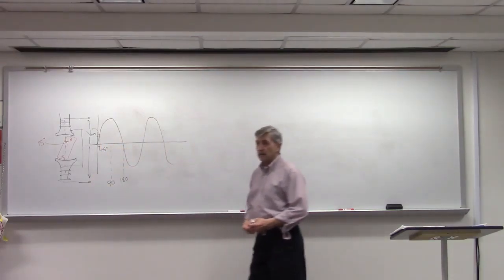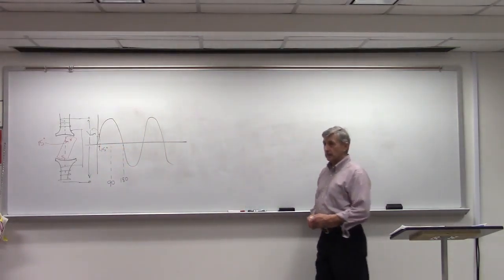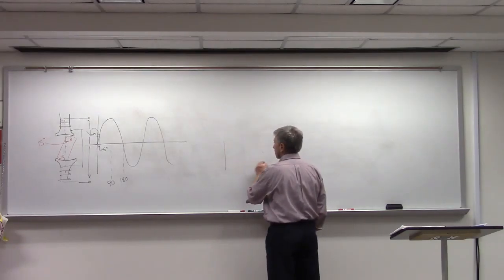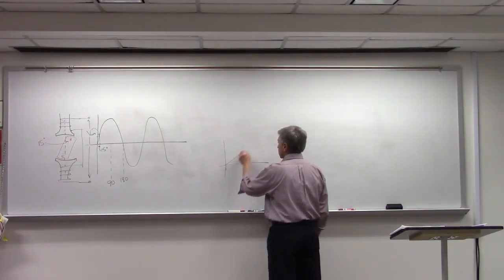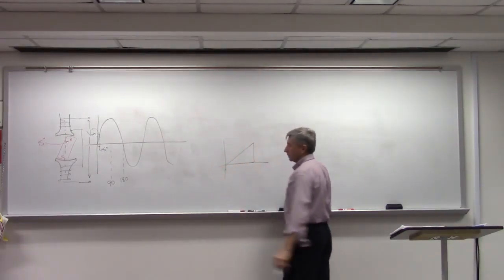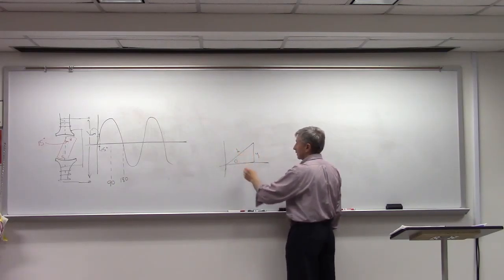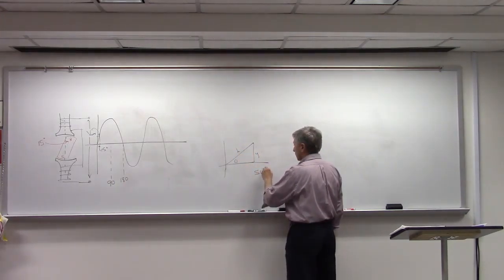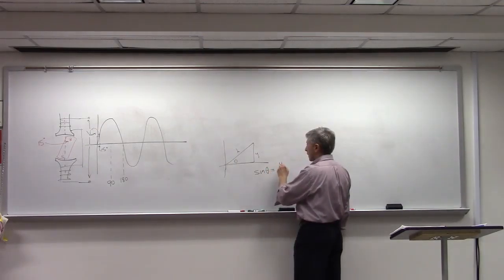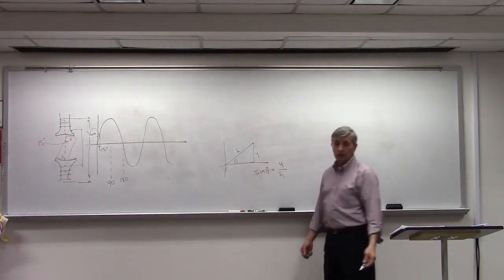But in mathematics, they don't talk about generators. The sine relates to a triangle, and if this is the angle you're talking about, it's the ratio of this side here to the hypotenuse there. So sine theta is equal to y over h, and that's it.